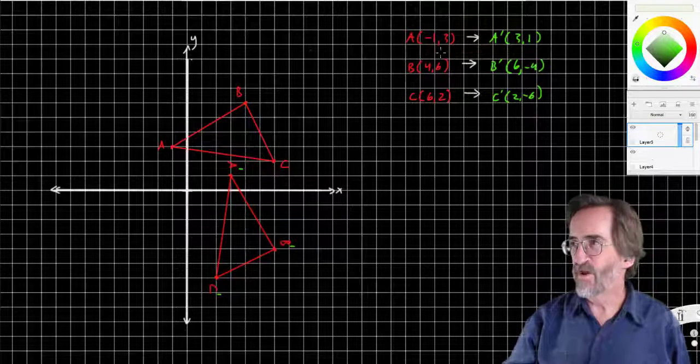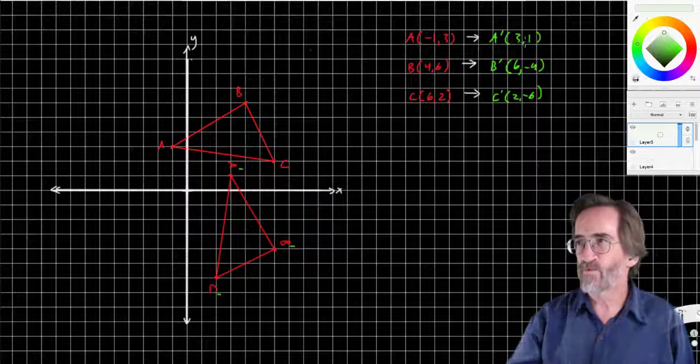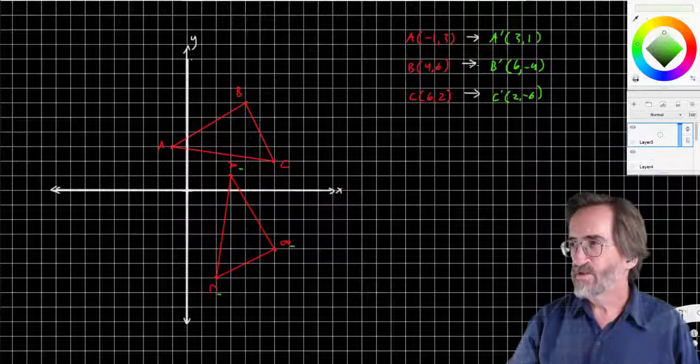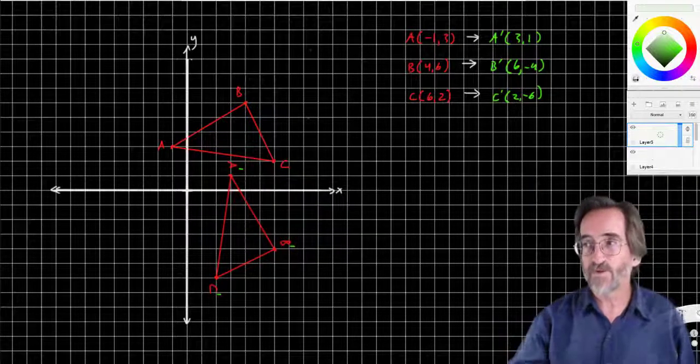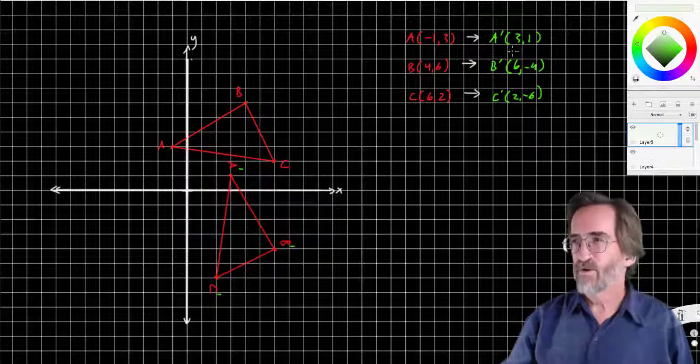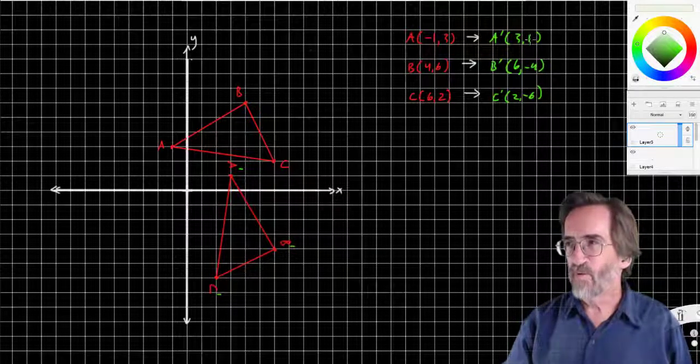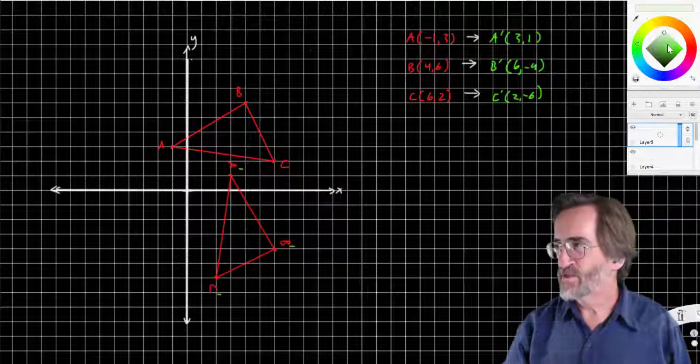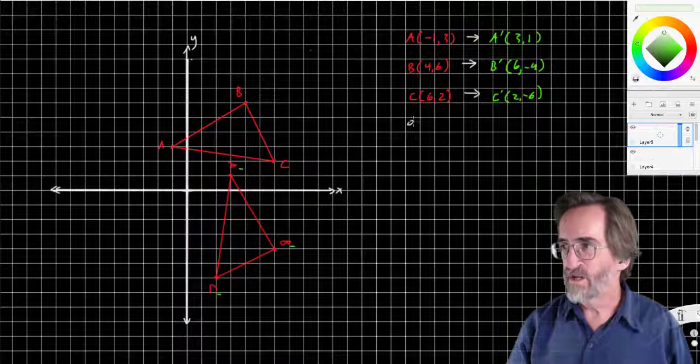What seems to have happened? -1, 3 became 3, 1. 4, 6 became 6, -4. 6, 2 became 2, -6. So I hope you notice that the x and the y seem to have switched, but also that what became the y value changed signs, right? Changed signs. So here's the general rule for a 90 degree clockwise rotation.